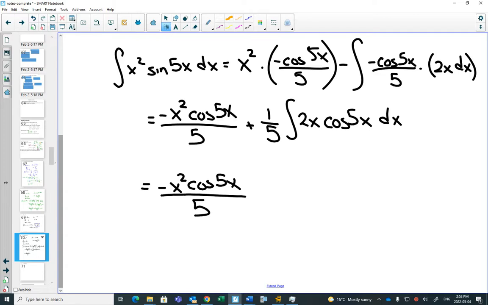Since you've been taking notes for the last half hour, going a little back in your notes would be approximately 12 minutes and 50 seconds. We already did this one. We did 2x cos 5x. Oh, now it's probably 13 minutes and 15 seconds ago.